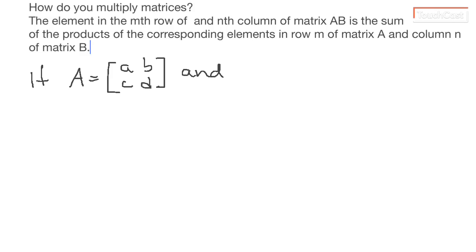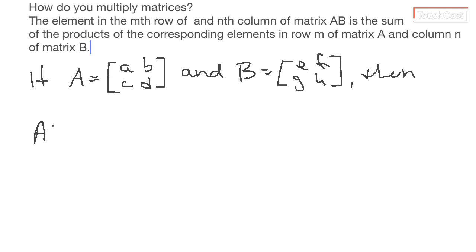And B, we'll say, is also a square matrix, just for ease. We'll call those elements E, F, G, and H. Then what we can say is the matrix A times B is going to be a square matrix again.